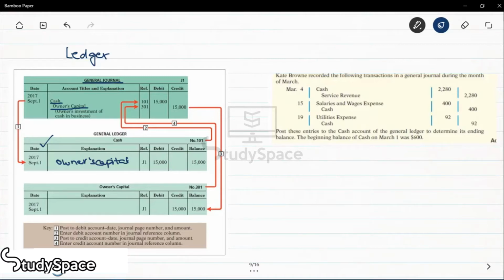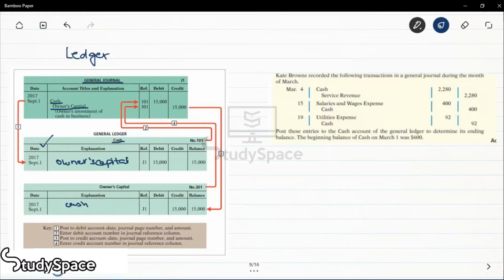Since in the case of an asset we would debit it, or if it were capital or liability, such as in this case, we would credit it because there is an increase. And the third and last column is for a balance column. It shows us how much balance remains in that particular ledger account after all the adjustments have been made.